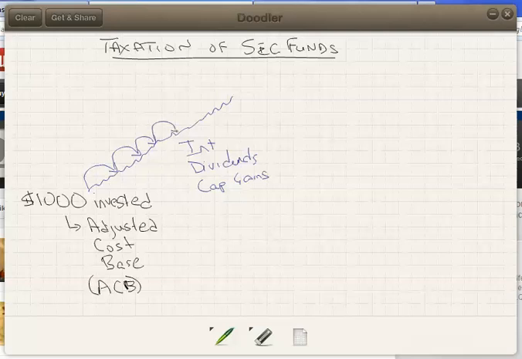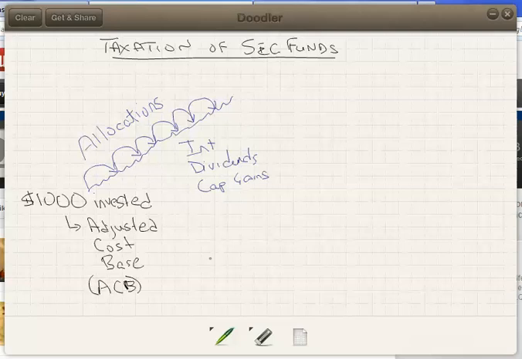This does point to one tiny little difference between segregated funds and mutual funds. It's just a terminology difference, is that this regular reinvestment with a segregated fund is referred to as an allocation. In a mutual fund, that was referred to as a series of distributions.